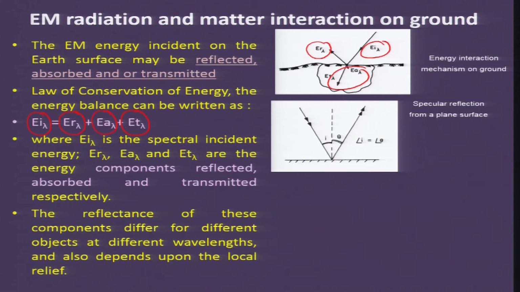The reflectance of these components differs for different objects at different wavelengths and also depends upon the local relief. This is important. So the reflectance will vary from place to place and differ for different objects at different wavelengths.